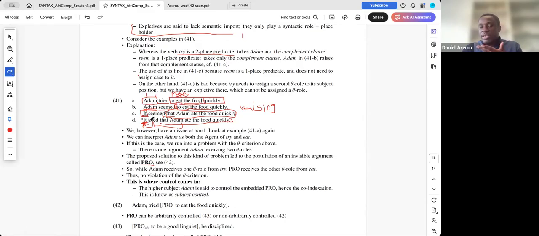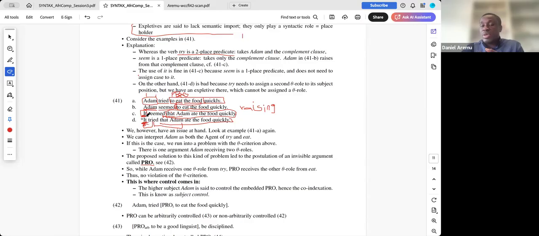That is why we have that ungrammaticality. But 41C is fine. Why? Because seem is a one-place predicate, so it can be here. No theta role will be assigned to this position. The single theta role that this one-place predicate seem has has already been assigned to this embedded clause. So we are fine.